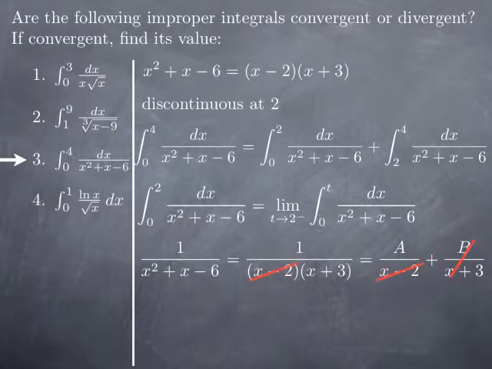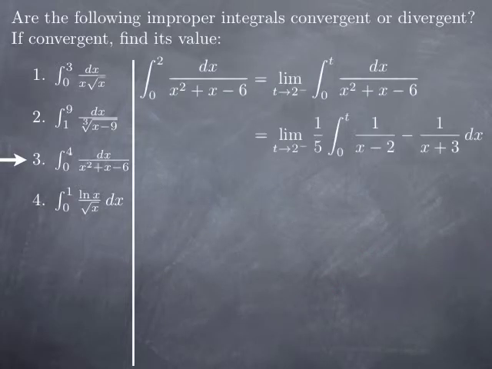In that case, a is equal to the value at x equal 2 of what we have on the left-hand side, so that's 1/5. Similarly, to find b, we multiply everything by x plus 3 and set x equal negative 3. So b is going to be the value of the left-hand side when x is negative 3, and that gives us negative 1/5. So b is negative 1/5.